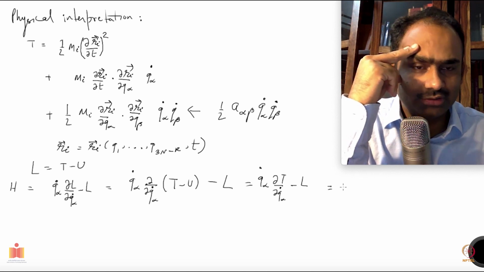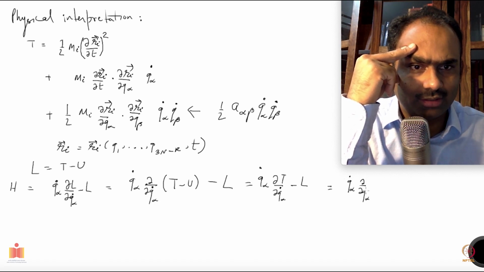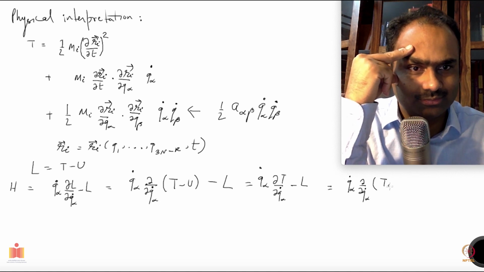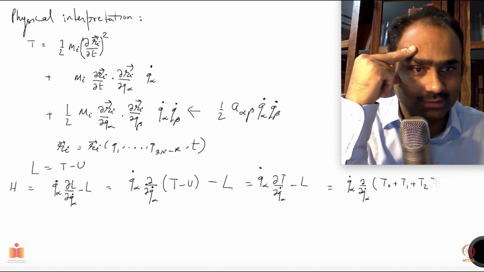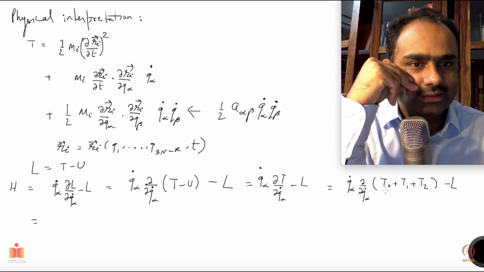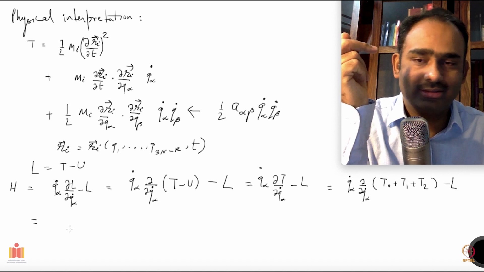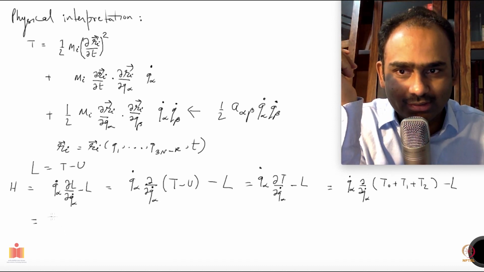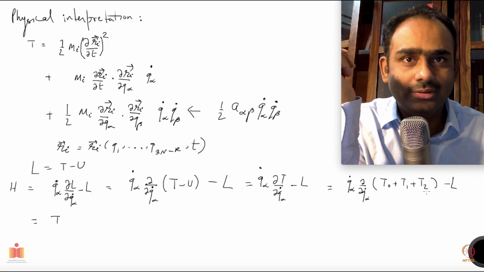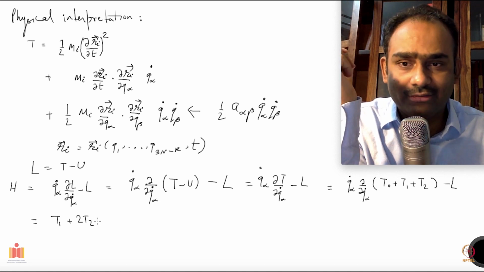When this acts on T0, it gets 0, so this term is gone. When this acts on T1, you get T1 back, because T1 is homogeneous of degree 1. When this acts on T2, Euler's theorem says you get 2T2, and anyway you have minus L.